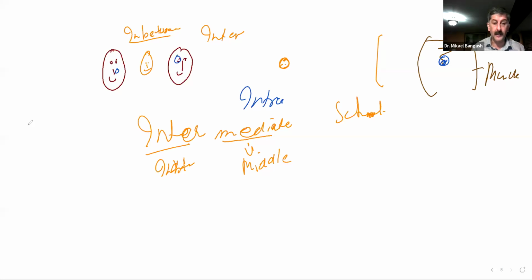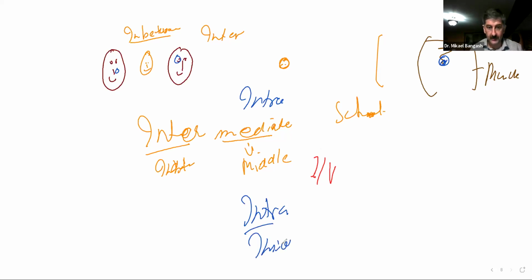If you go and get what they call an IV, have any of you ever got an IV? Here, the I is intra, which means inside. Venous, pertaining to veins.